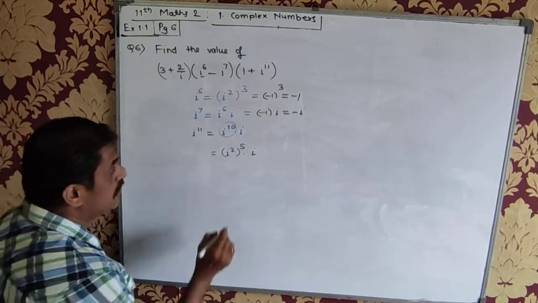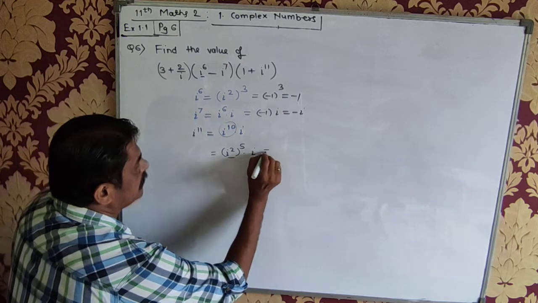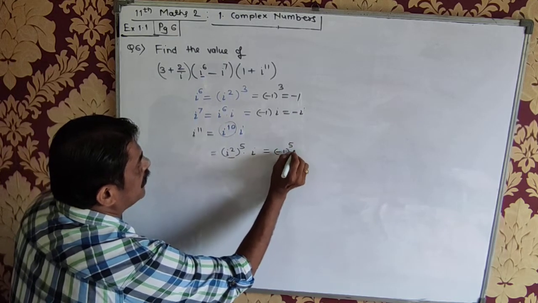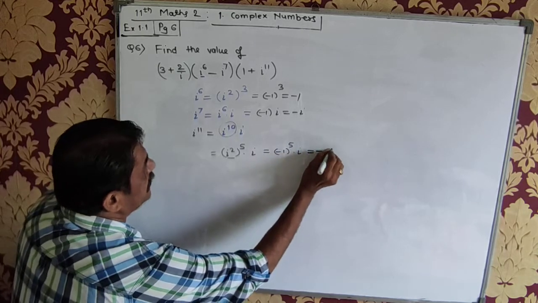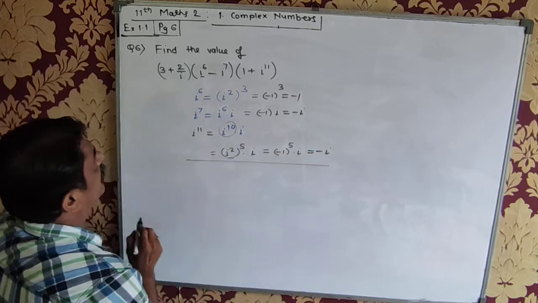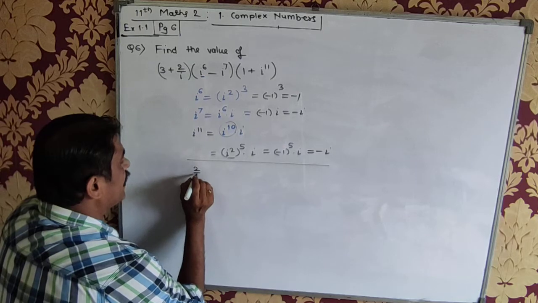I square is minus 1, minus 1 raised to an odd number is minus 1, so this will become minus i. Is this okay? Alright.